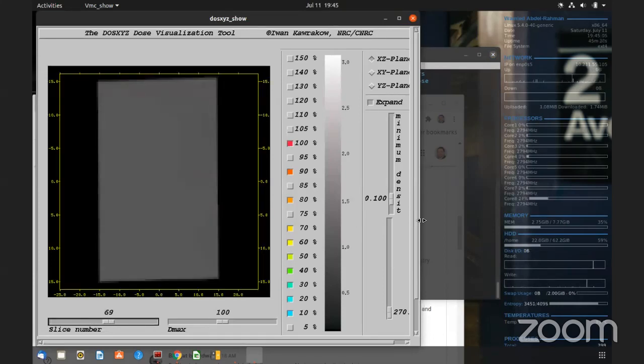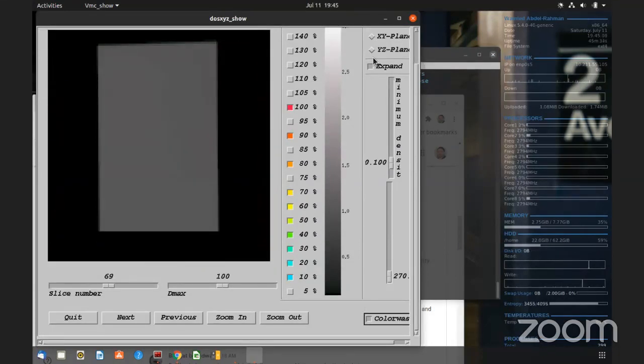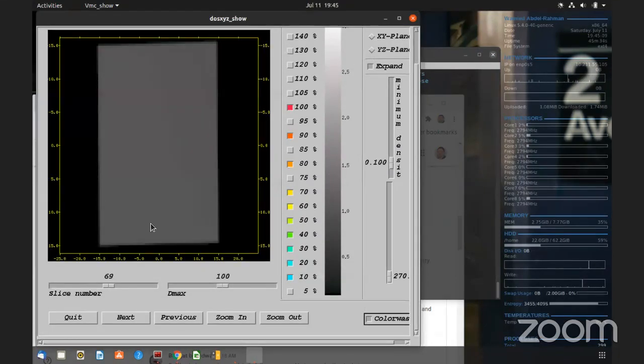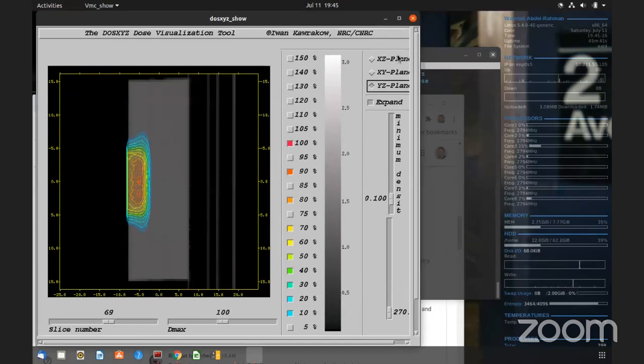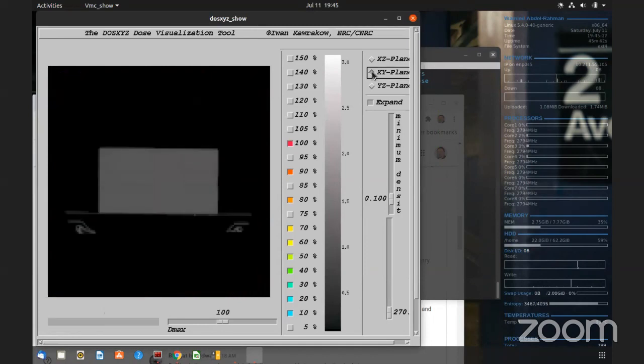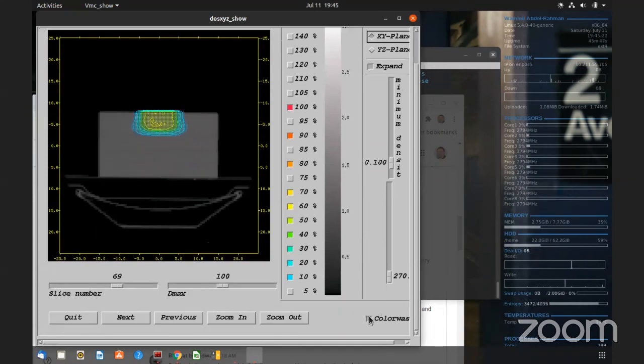I just don't know why I'm not getting any doses here. Yeah, there it is. So this is for an electron beam, and I think it's 12 MeV, and this is the dose distribution you have in the phantom.